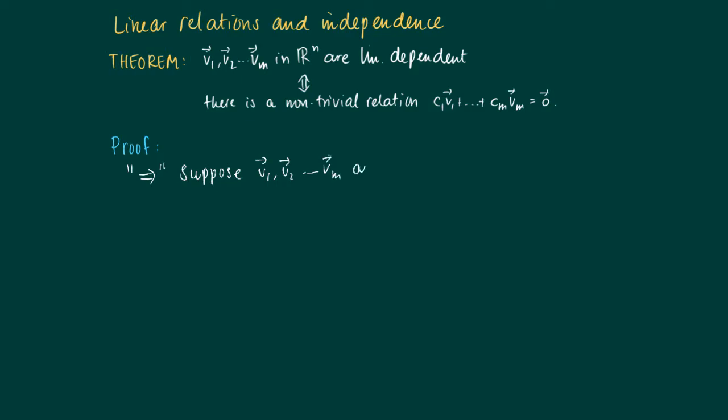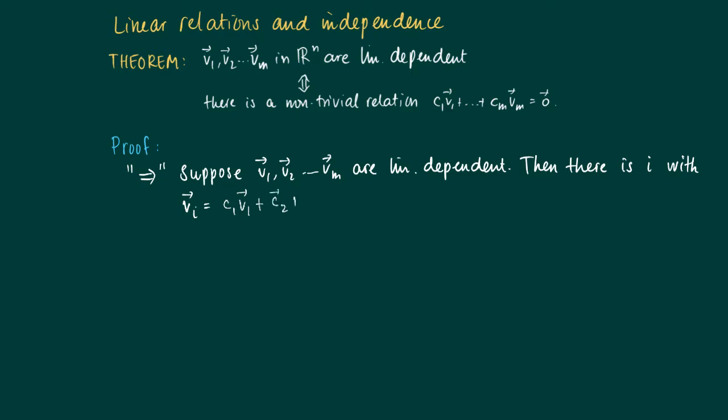That means that if we line up the vectors v1, v2 to vm, there is a redundant one. So suppose this is vector vi. Then we can express vi in terms of the other vectors v1, v2 until vi minus 1.